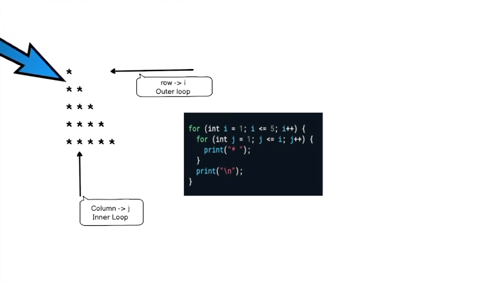What does 1 represent on the first row, 2 on the second row, 3 on the third row, 4 on the fourth row, and 5 on the fifth row? This I value, exactly I, because it goes from 1 to 5. So we can use I to determine how we want to print, and what we want to print on the console.